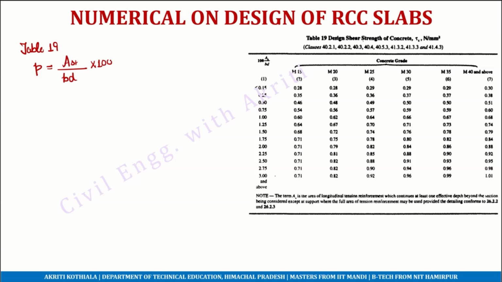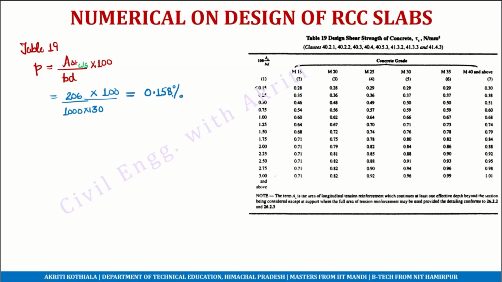And because this is being calculated for shear, this will be at the critical section for shear. Substituting the values, we have 206 upon 1000 into 130, and in the numerator we have another 100. So this percentage computes to be 0.158%.